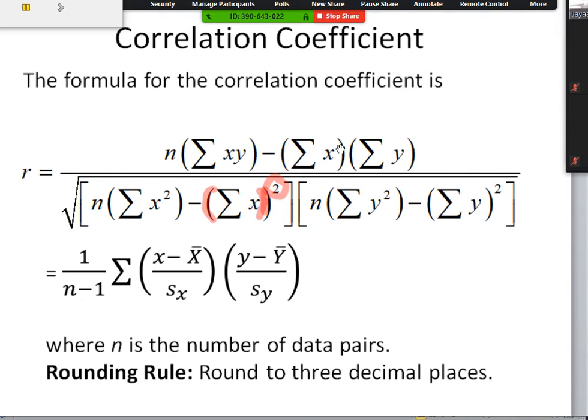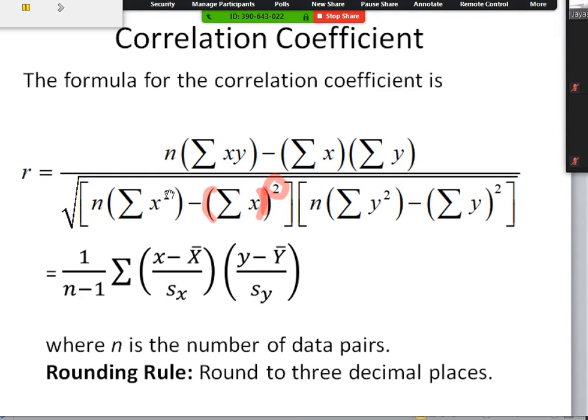It's this formula here. Here's n times the sum of all the x's times the y's, minus the sum of all the x's multiplied by the sum of all the y's. And then this is divided by the square root of, in this first section, n times the sum of every x squared.